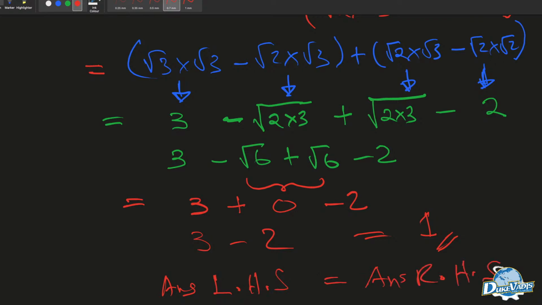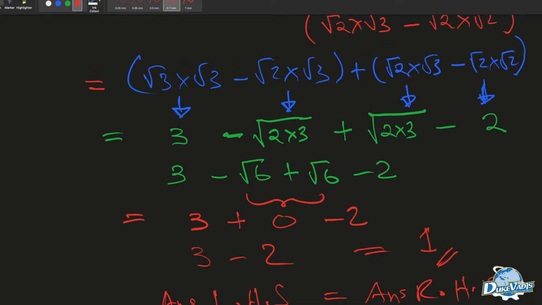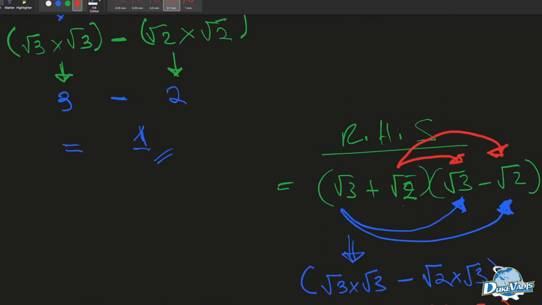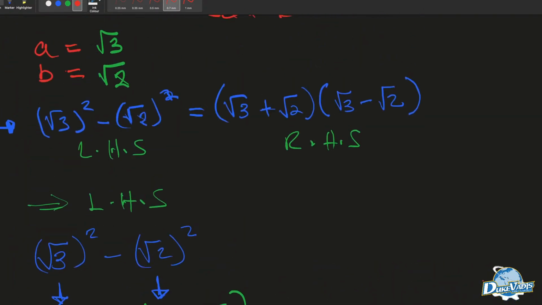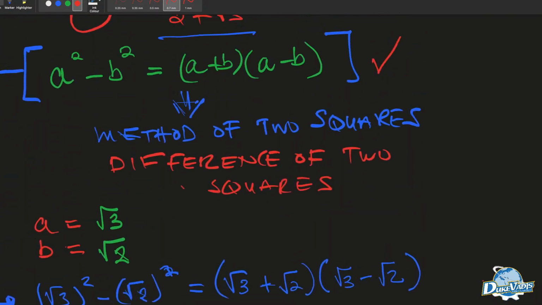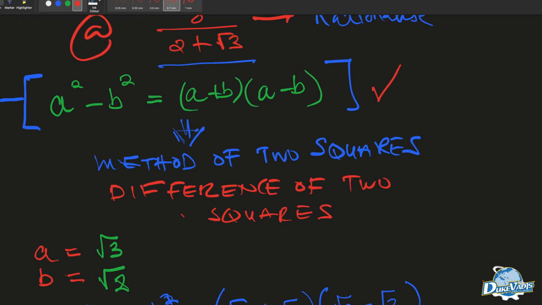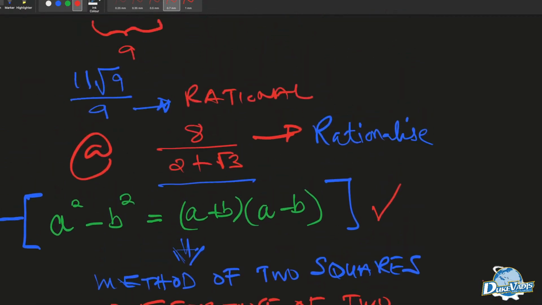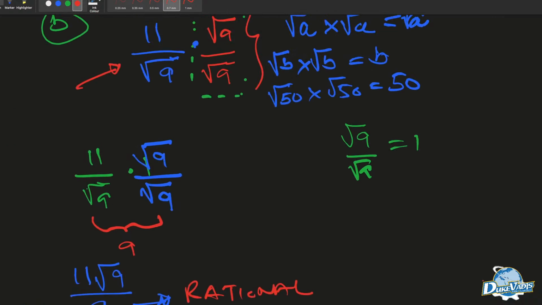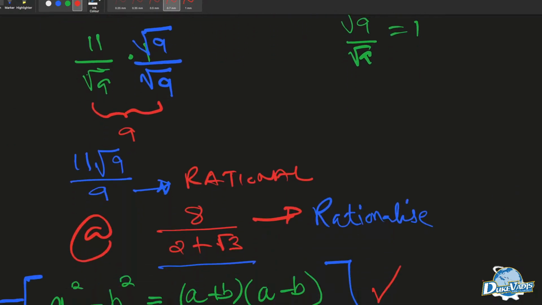So this equation, as we made mention of earlier, called method of two squares, or difference of two squares, is going to help us a lot when it comes to our rationalization.